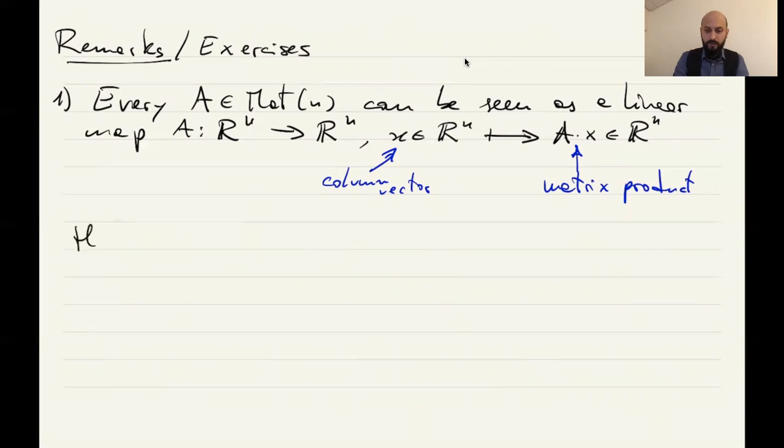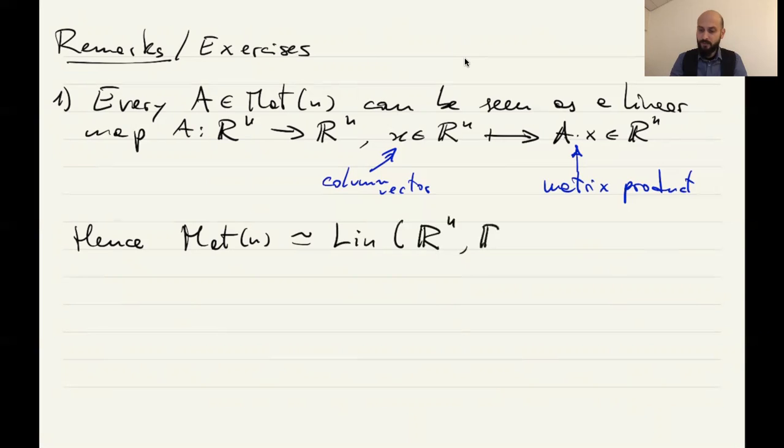And therefore, Mat_n is isomorphic to the linear maps from R^n to R^n.